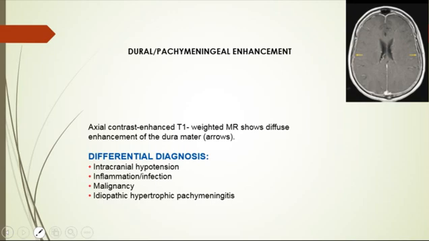When there is no primary cause identified, the condition is known as idiopathic hypertrophic pachymeningitis. When you look for a primary cause, nothing, no lumbar puncture, no trauma, no surgery, nothing, you could just call it idiopathic hypertrophic pachymeningitis. Okay.